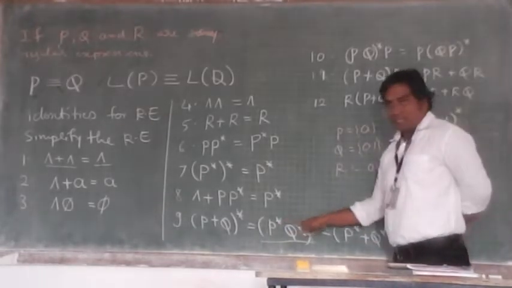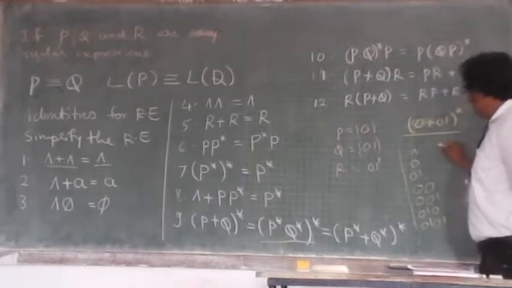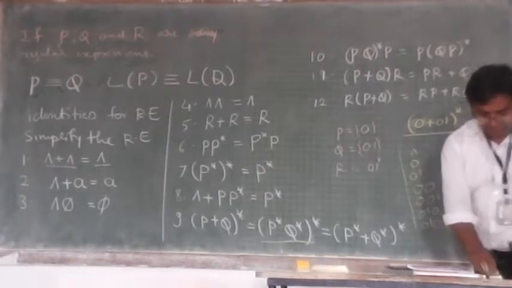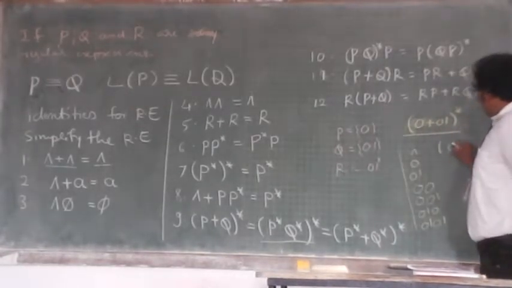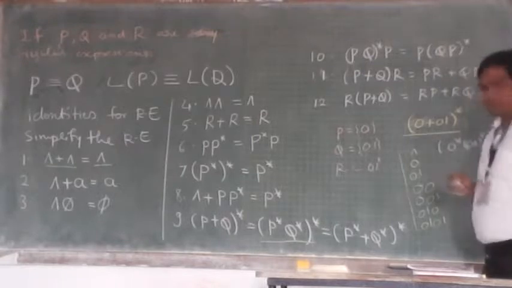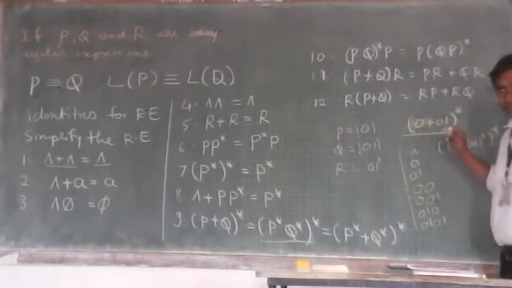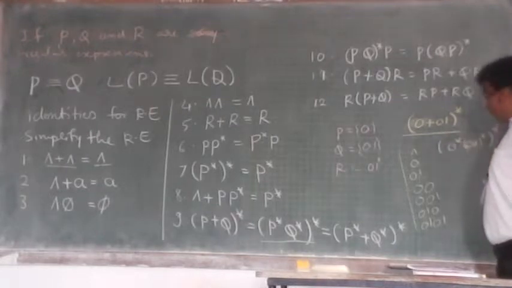Now P star, Q star, and so on. In that case, what would be my regular expression? 0 star, 01 whole star, whole star. Q in Q star means here I need to take 01 whole star, and to the whole bracket it is again a closure.